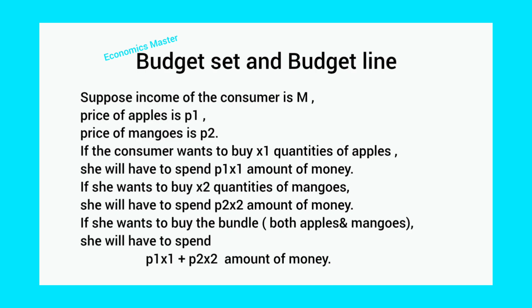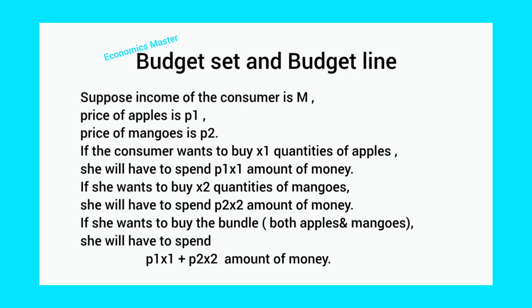So if she wants to buy the bundle of both apples and mangoes, she will have to spend P1 X1 plus P2 X2 amount of money. That means price of X1 into quantity of X1 plus price of X2 into quantity of X2.